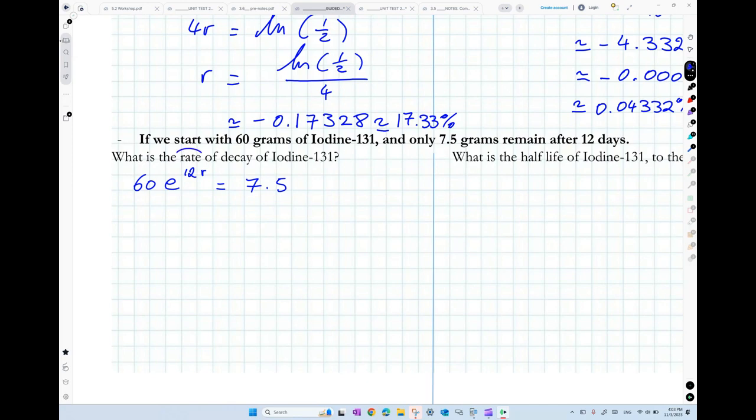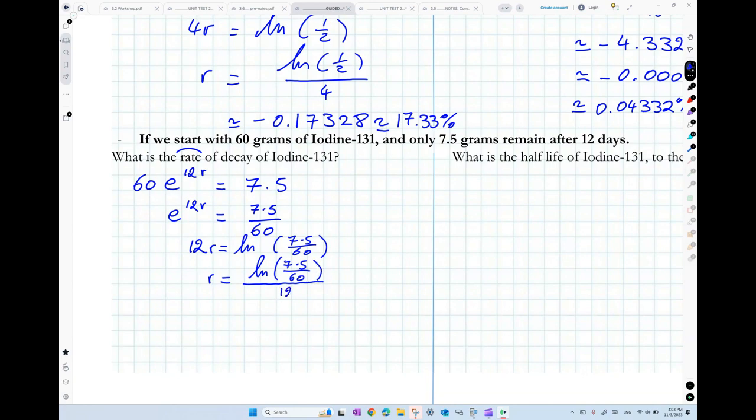So to get the rate, I'm just going to isolate r. It's exactly the same thing, right? Then I will have 12r equals the natural logarithm of 7.5 over 60. And finally, r would be ln of 7.5 over 60 divided by 12.